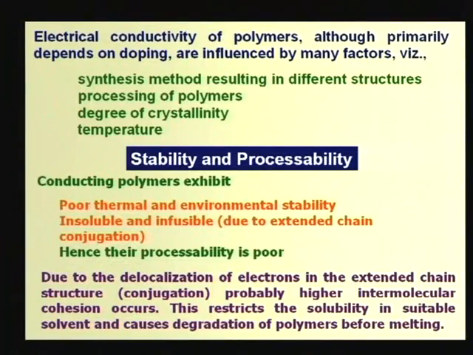So, that means they will be less environmentally stable, they are insoluble in solvents and infusible by heat due to extended chain conjugation. So, if I ask you why polyaniline is insoluble, because of this lone pair of electron, they form association, they form clusters.